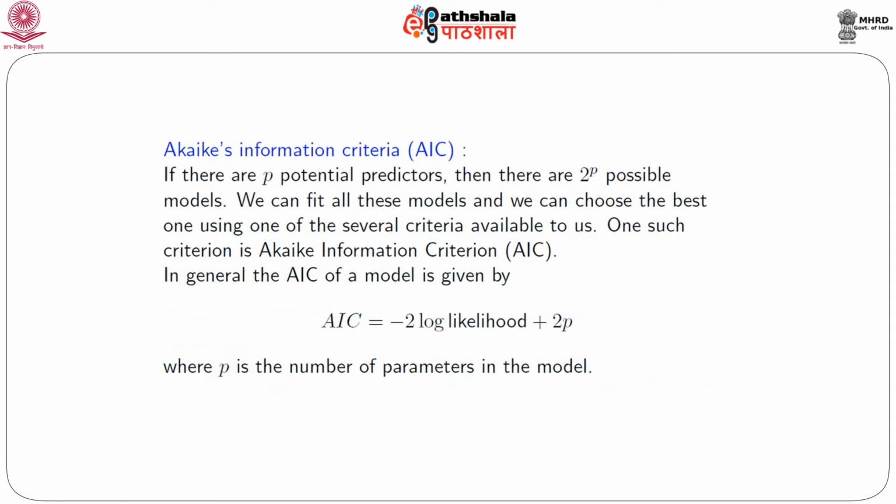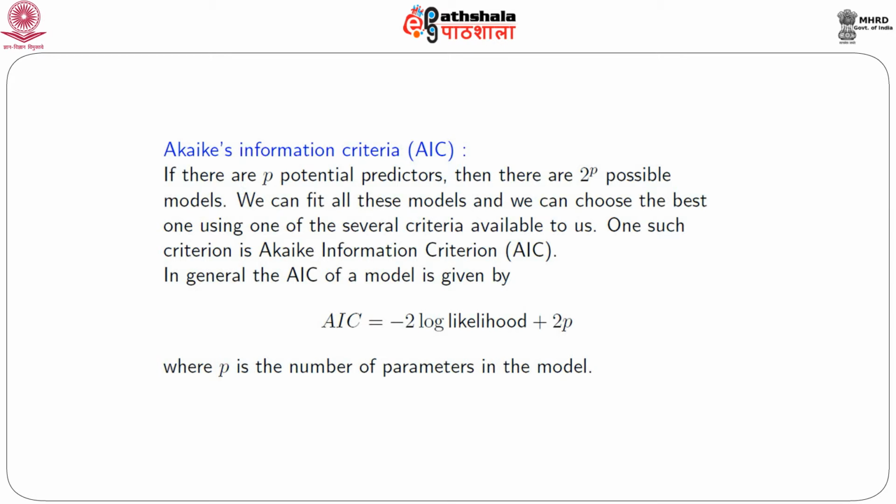The next criteria that we use to select variables for a model is the AIC. If there are p potential predictors, then there are 2 to the power p possible models. We can fit all these models and choose the best one using several criteria.